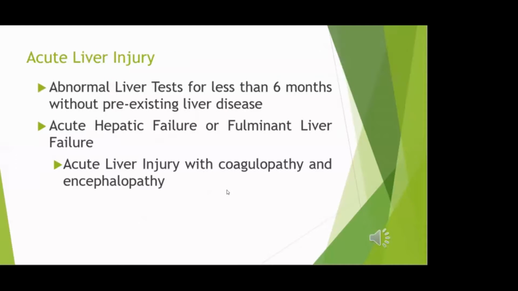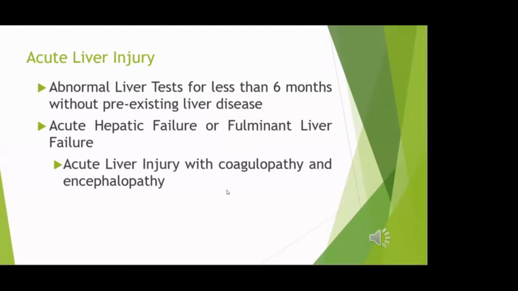So acute liver injury, as compared to chronic, one usually sees abnormal liver tests for less than 6 months without pre-existing liver disease. And acute hepatic failure, or fulminant hepatic failure depending on your generation, now the term is actually acute hepatic failure.